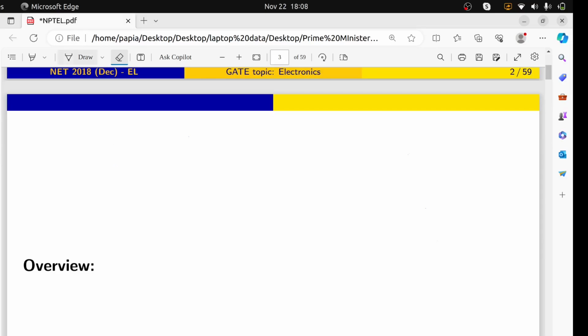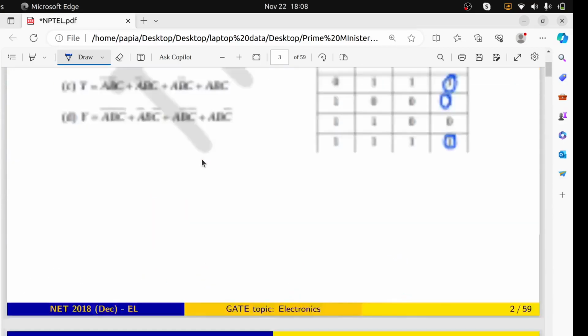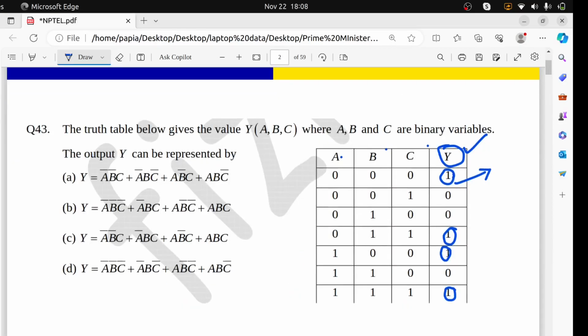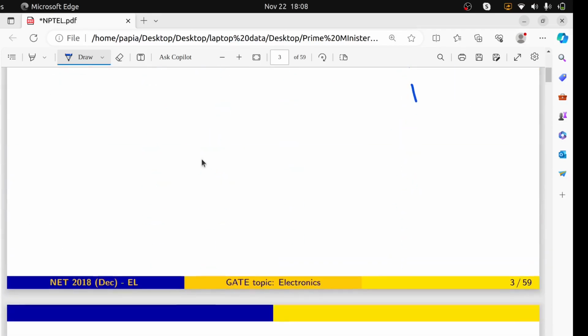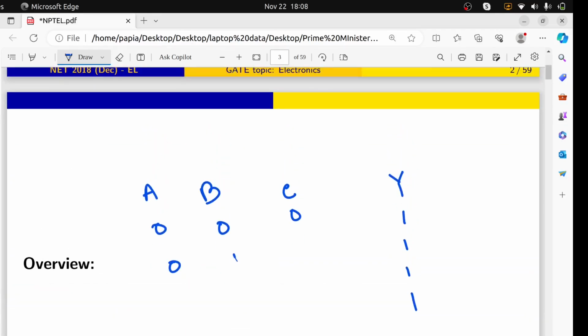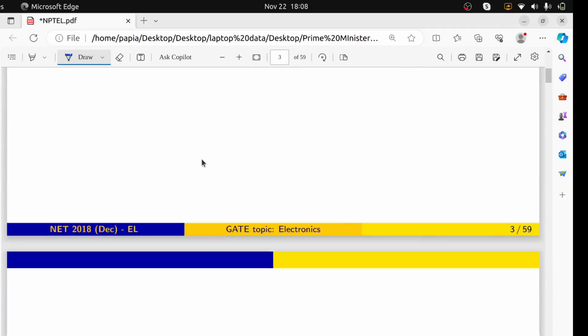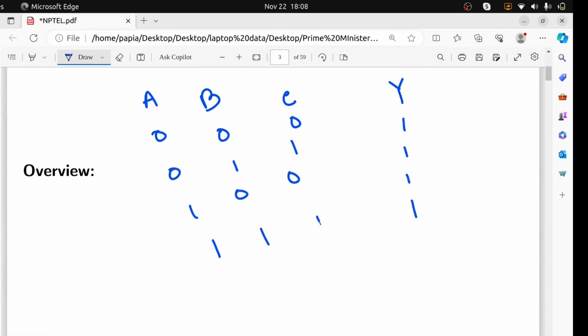Someone has already written the answer, I think. Okay, I will check that one, but let me first write that one. 1 1 1 1, 0 0 0, then 0 1 1 1 0 0, and then 1 1 1. Okay, so now what will be the answer here?